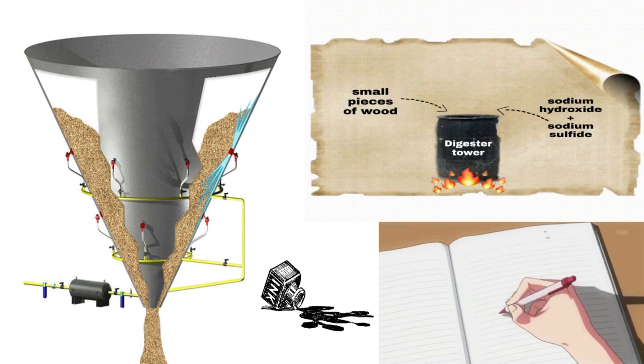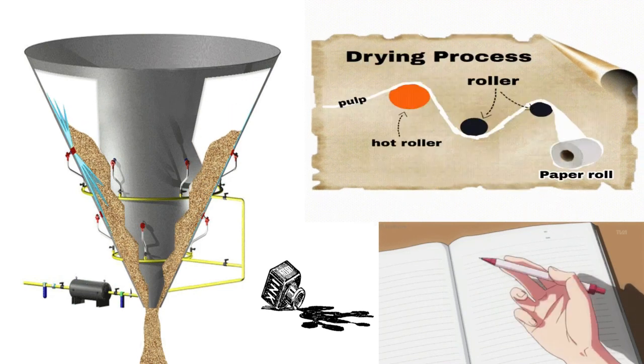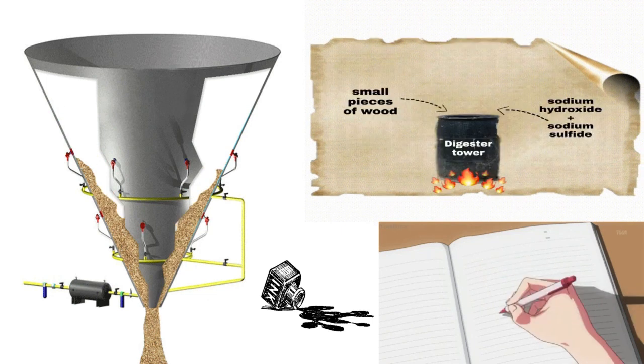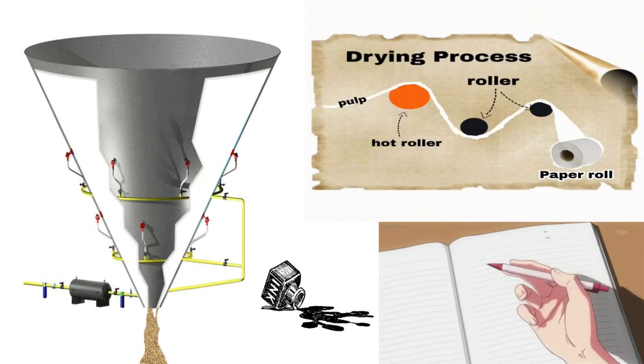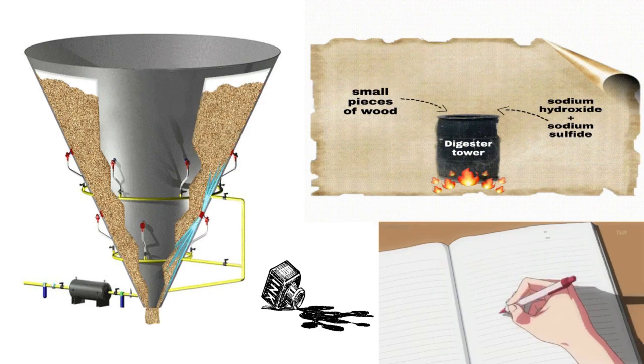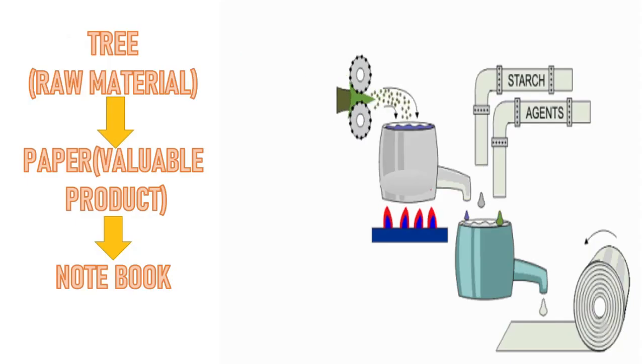Now we will bind the papers. That means we are going to put together all the papers and we will manufacture the notebook. Then the notebook will be sold in the market. We can see that the paper that is made from the pulp has had value added to it at each stage of the manufacturing process.